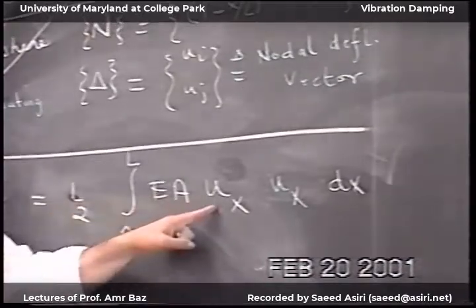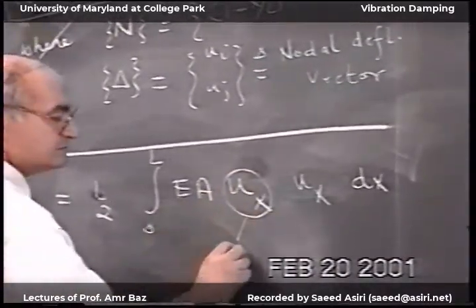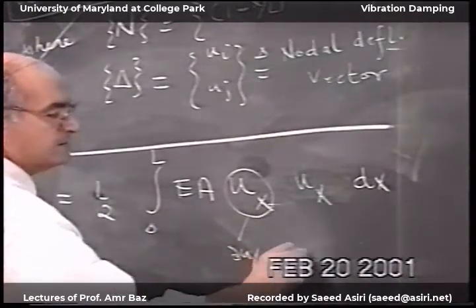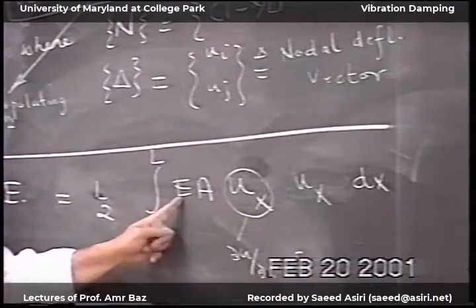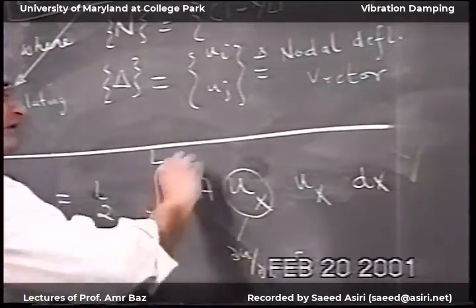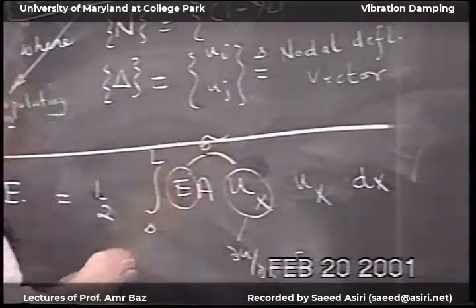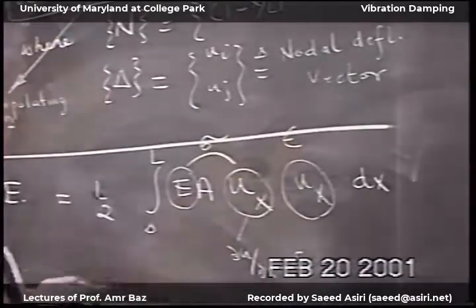This is partial u by partial x, which is the strain. The strain times Young's modulus is the stress. So this times this will be the stress. And this term is the strain.